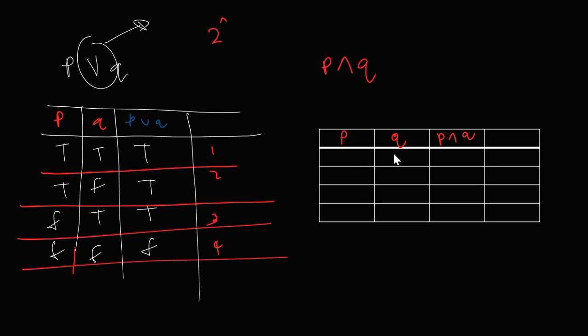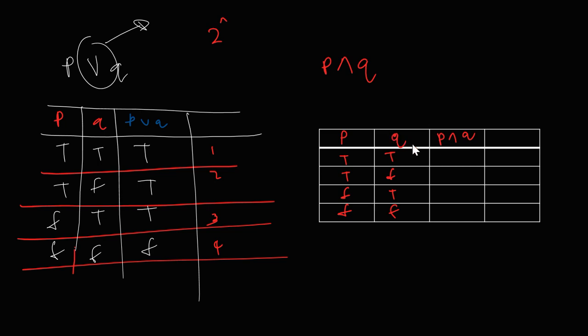So this can be true, this can be false, this can be true, this can be false, and this can be true, true, false, false. With this pattern I've covered all the possible truth values.